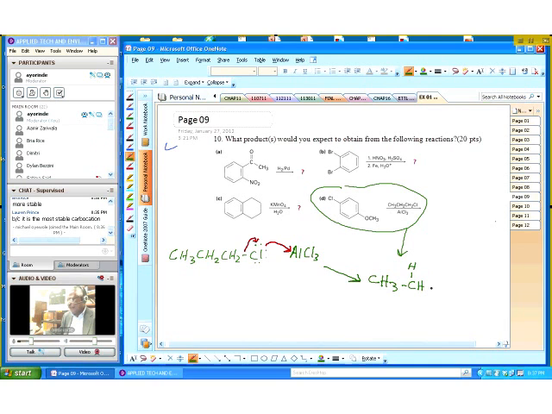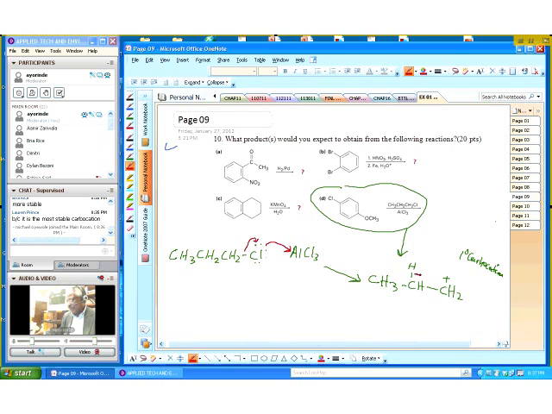Keep in mind, a primary carbocation will rearrange to form the more stable carbocation. Keep that in mind, folks. That is very, very important. So now we form a primary carbocation. Now this carbocation will rearrange to form a secondary carbocation, and the way it will do that, this hydrogen will shift.